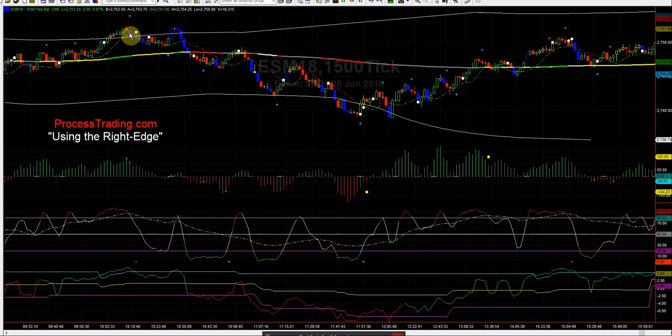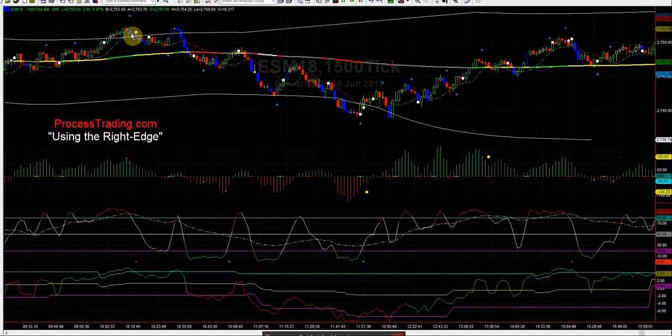So we get in here and we enter our trade, and you could be taking it to the downside, clear down to here, depending on how you manage your trade after you get in, depending if you're trying to take 2 points, 6 points, 10 points, however your risk management is leading you. But this is where you would get into the trade, and you can see the effectiveness of that.